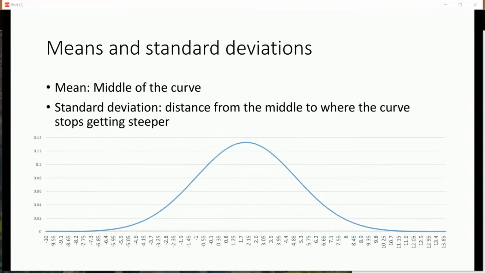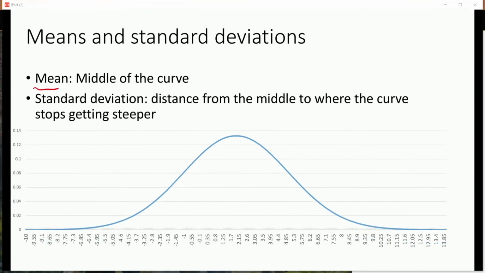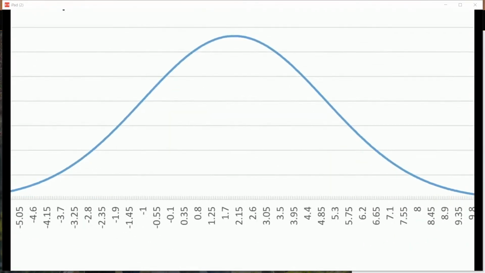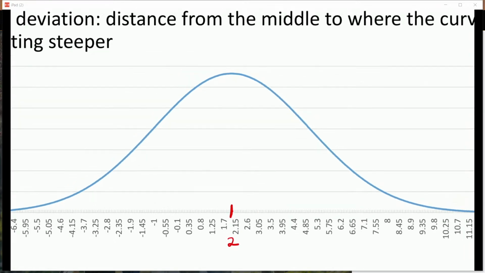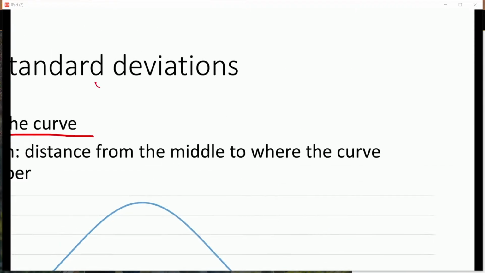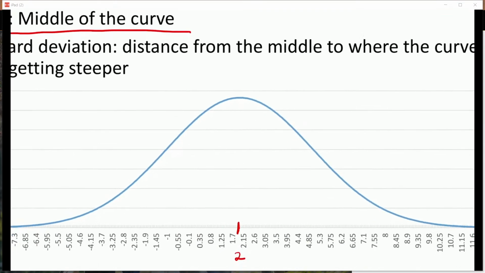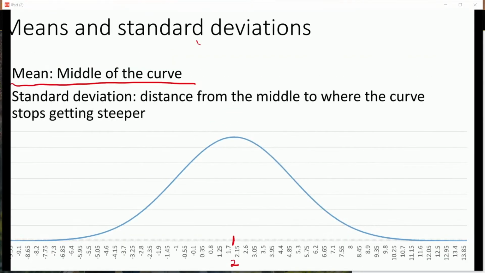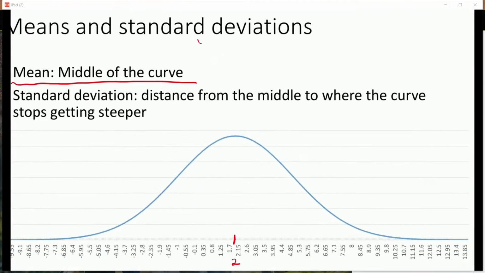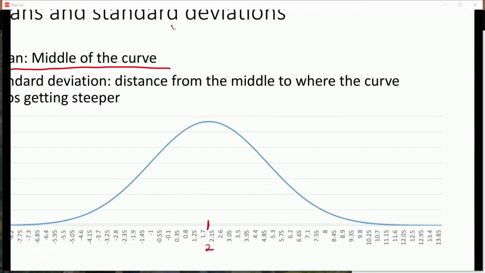Okay, so getting back to this, the mean is the middle. On this particular curve, the middle looks like it's at about 2, is my guess. The standard deviation is the distance from the middle to where the curve stops getting steeper. It looks like it stops getting steeper right about here, I'm just going to take a guess. The same thing over here, since this is symmetric.